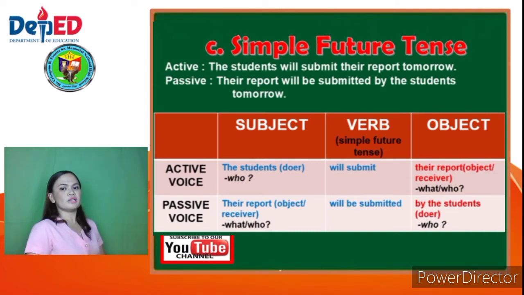Whether the subject in both active voice and passive voice is singular or plural, it doesn't affect the verbs. In active voice, will plus base form of the verb is used, while in passive voice, will plus be plus past participle form of the verb is used.